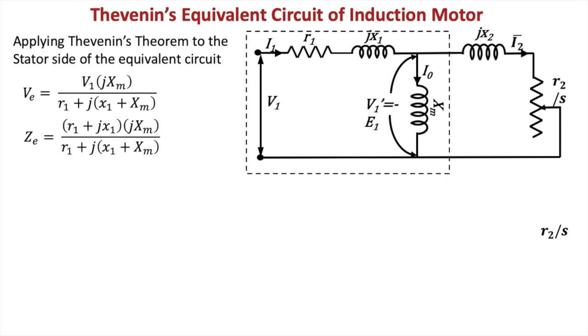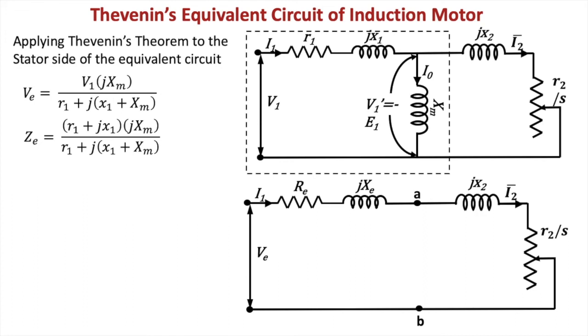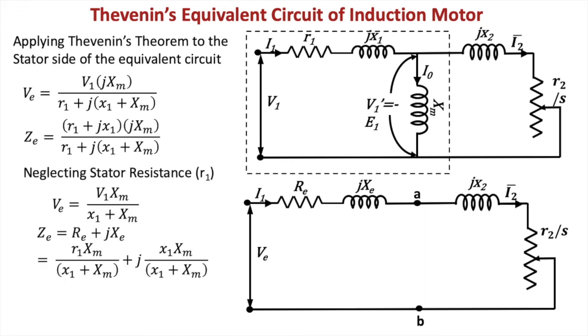So when you find out the parallel combination, it comes as the solution of this, and VE becomes V1 Xm by X1 plus Xm, and the equivalent impedance becomes equivalent resistance and equivalent reactance. Equivalent resistance will be equal to R1 Xm divided by X1 plus Xm, and equivalent reactance will be X1 Xm divided by X1 plus Xm.